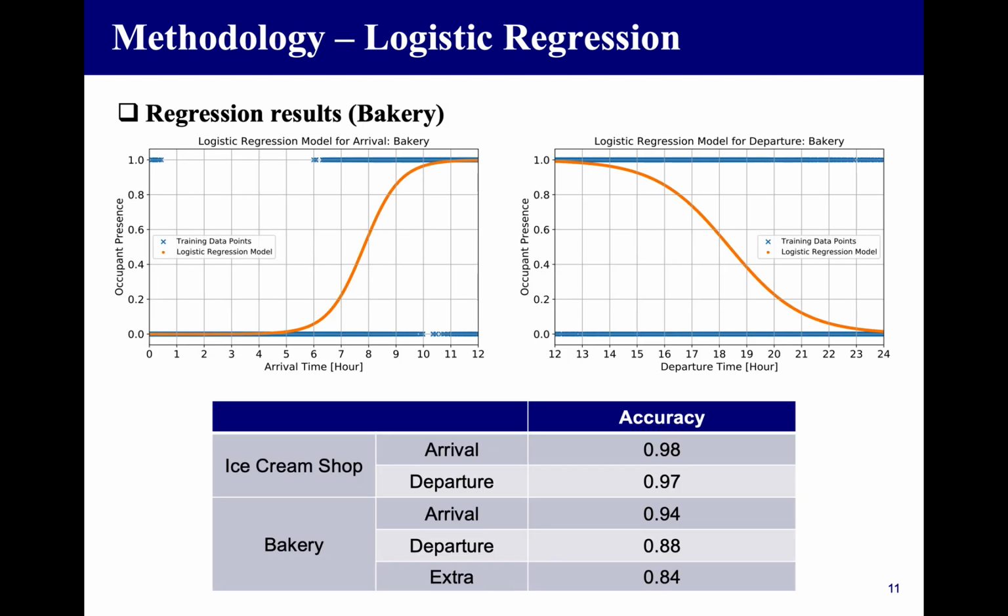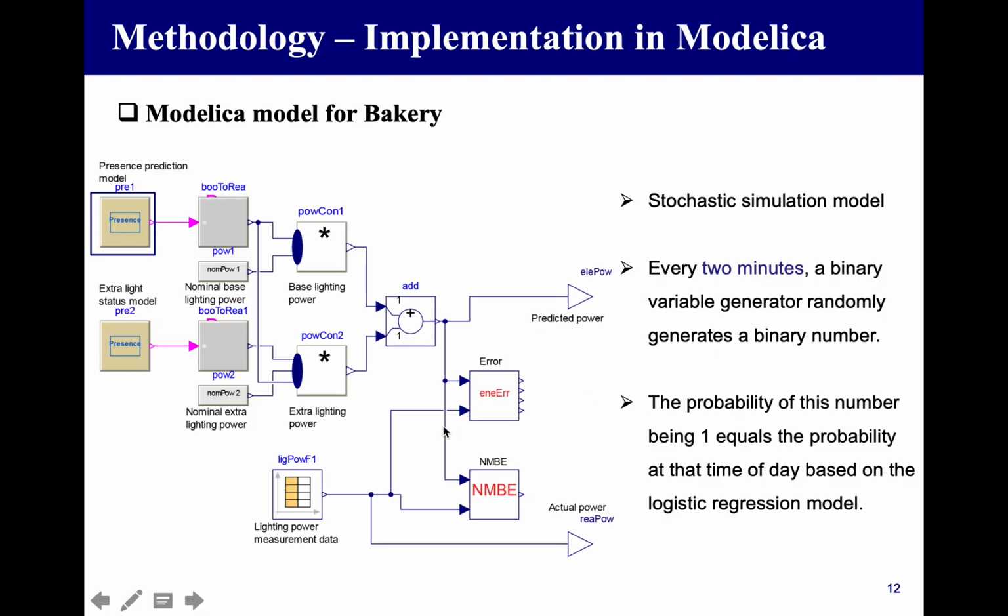Here are some results. In these figures, we see that the regression models actually align with the data points very well. And this table lists the accuracy for all of the regression models. The accuracy is all above 84%. And here's the implementation of the Modelica model.